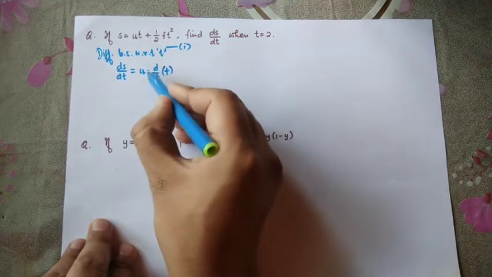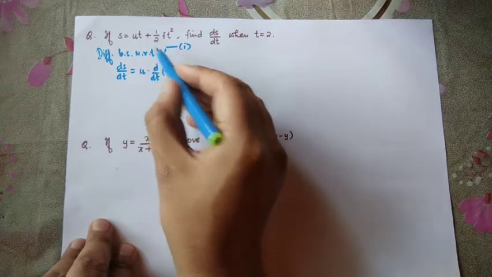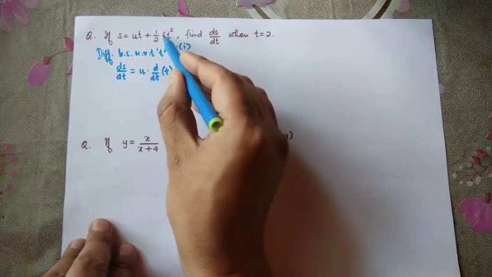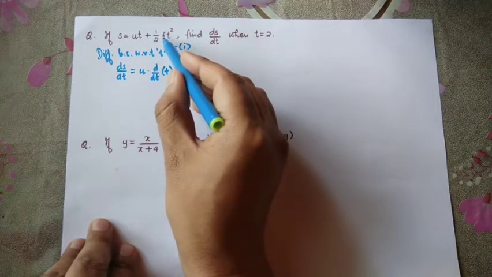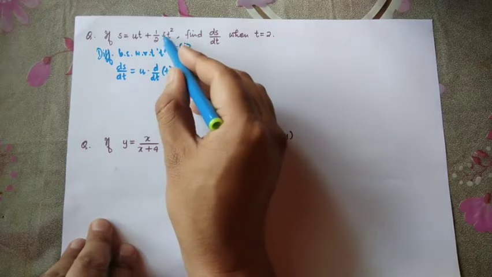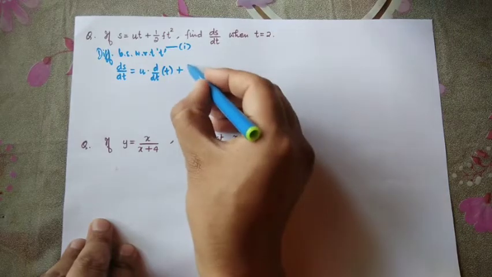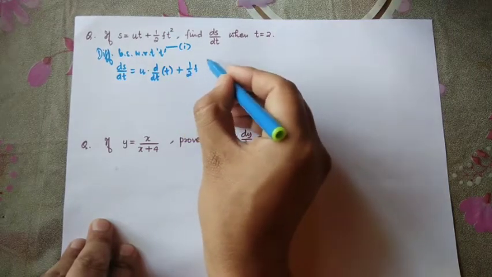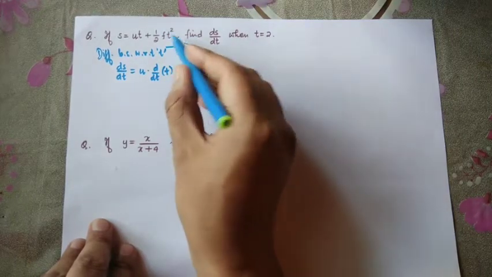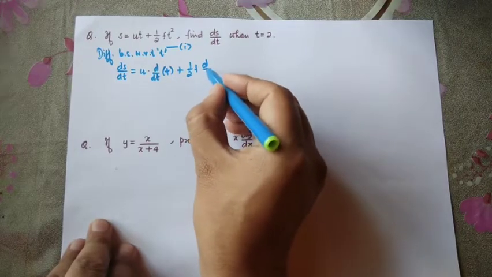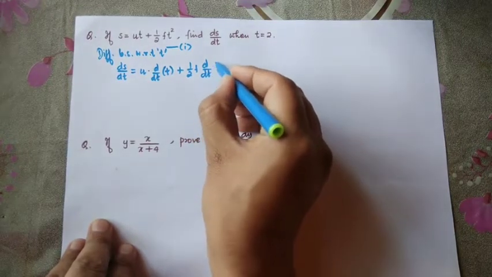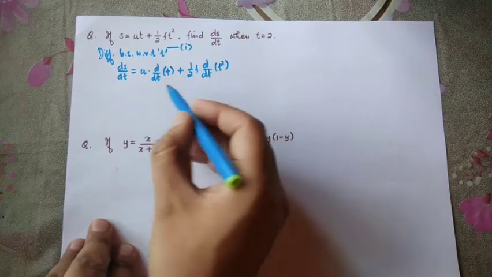So u is constant, that's why it is kept outside. Now the sign is plus, and acceleration is also uniform. In this case we take uniform acceleration, which means acceleration is constant, and half is also constant, so that's why this will be kept outside, and we will differentiate only t squared, so d by dt of t squared. Now let's see how much it is.